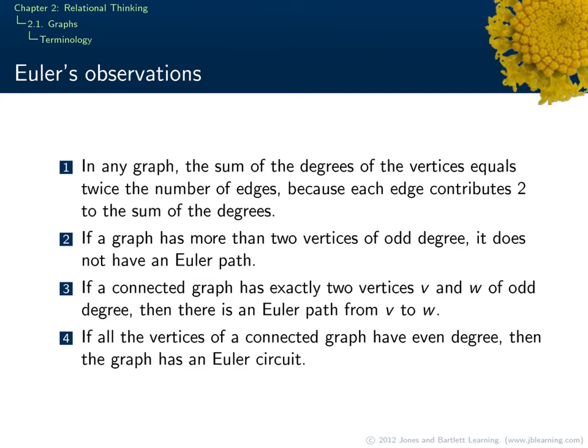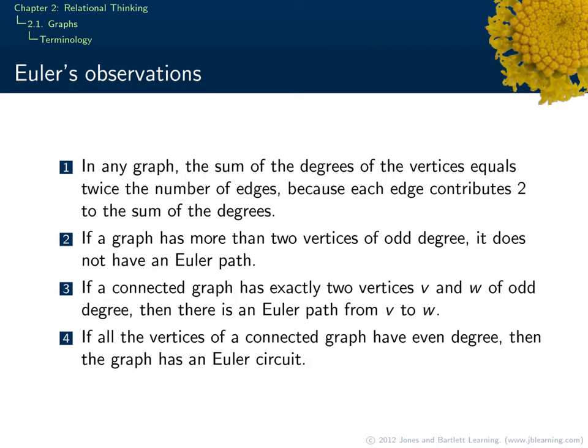Now, the second observation is if a graph has more than 2 vertices of odd degree, then it cannot have an Euler path. Now, remember, an Euler circuit is a special type of Euler path. So this says that if a graph has more than 2 vertices of odd degree, it does not have an Euler circuit either.